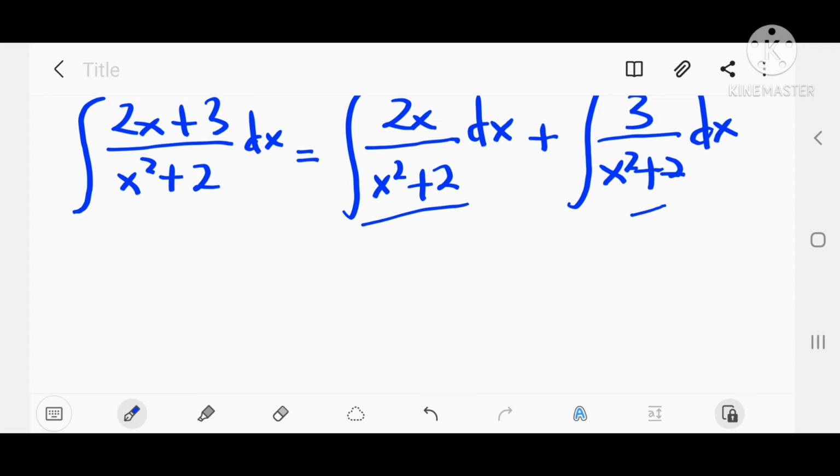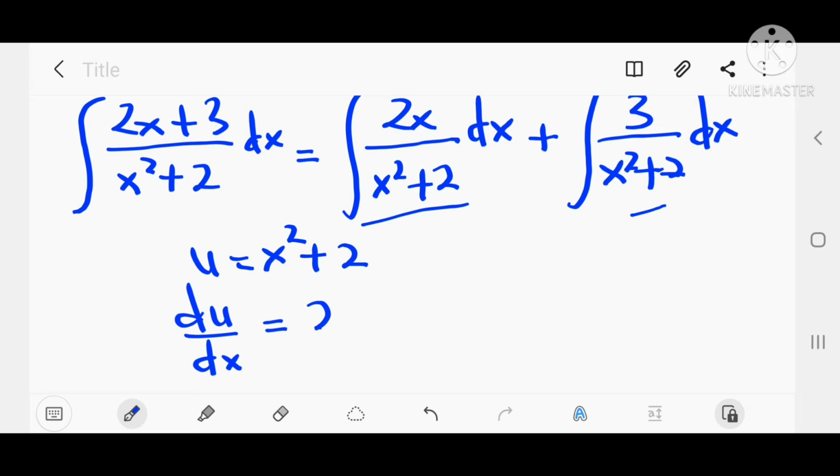Applying the u substitution for the first one, we have u equals x squared plus 2. So du on dx will be equal to 2x, which means du equals 2x dx.